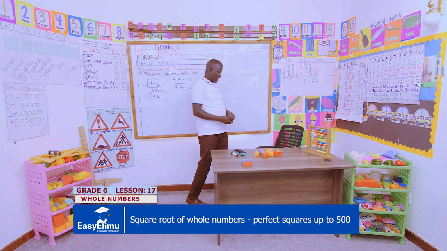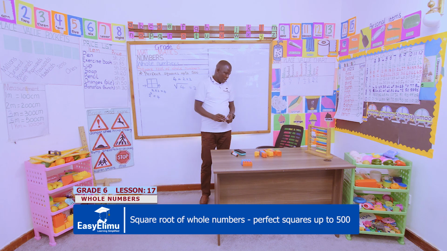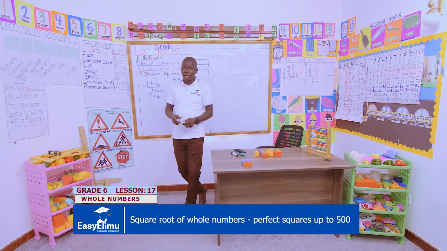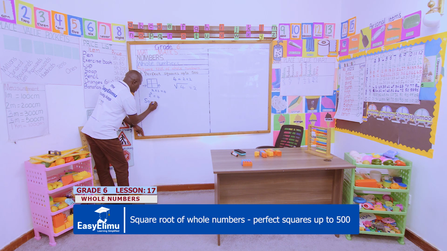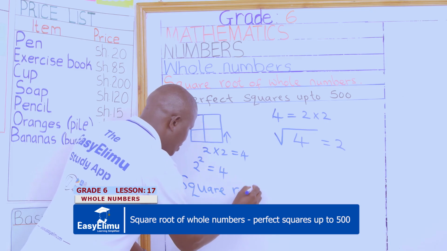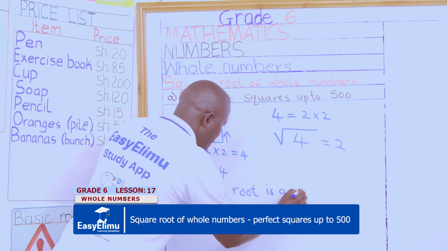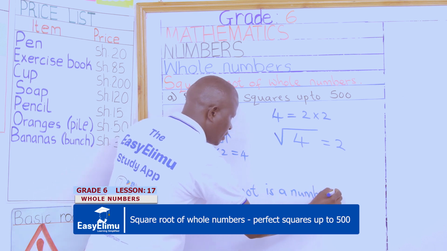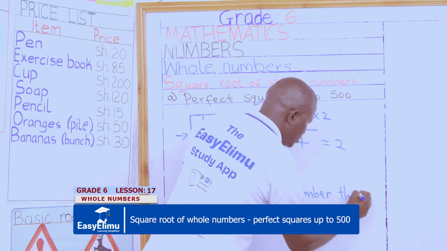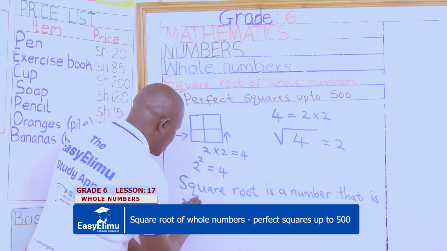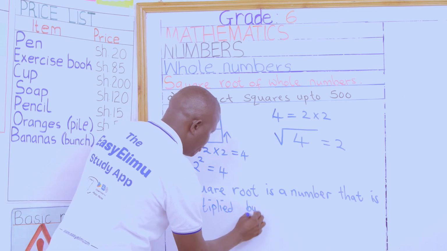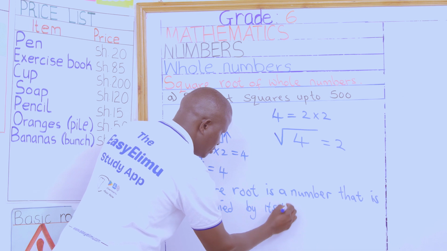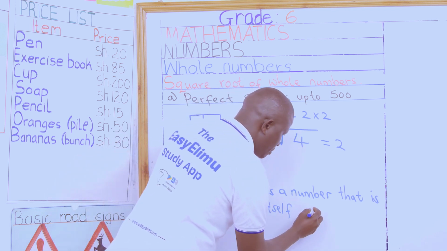A square root is a number that is multiplied by itself to get a square number.